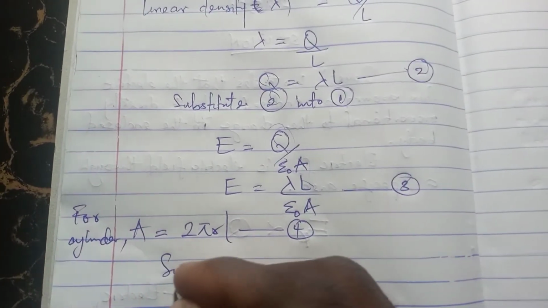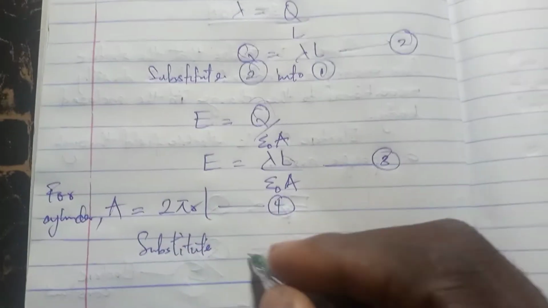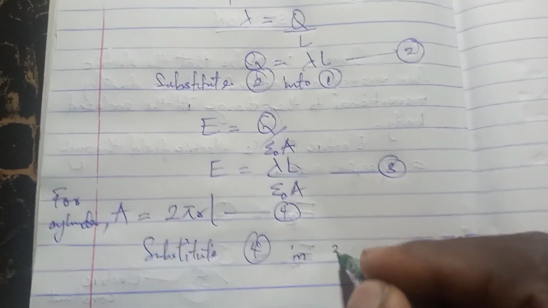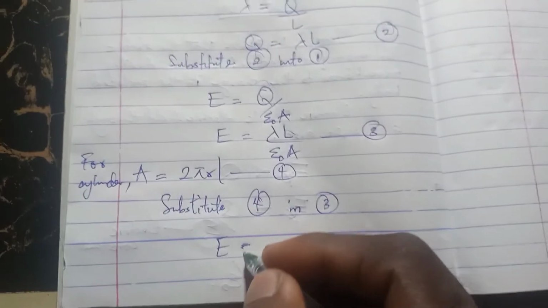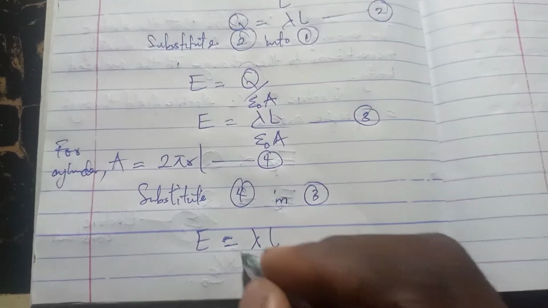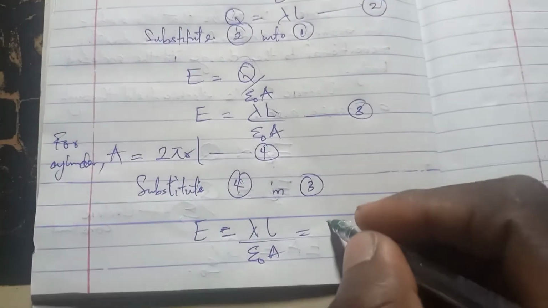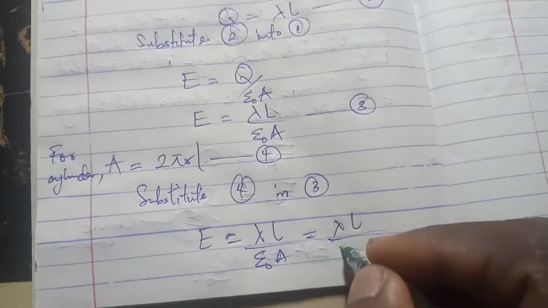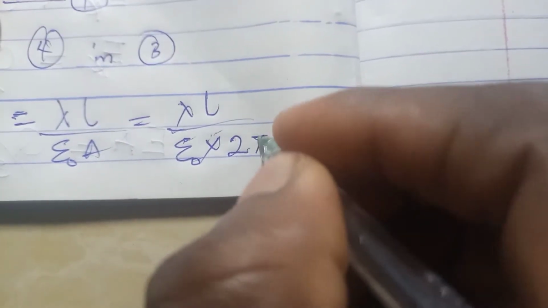So if you substitute 4 into 3, you now have E, that's 3 initially, to now become lambda L over E naught, put area now as times 2 pi r L. This is times, please.